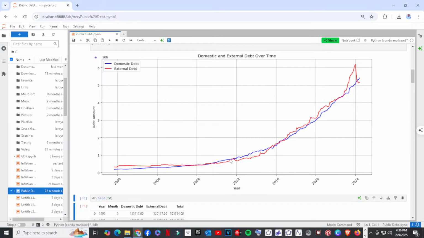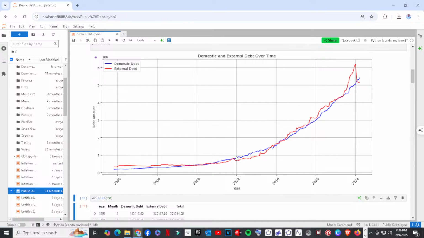So we'll consider the consequences. When the government crowded the domestic market, it was not so easy for small businesses or individuals to access the same facility from banks.